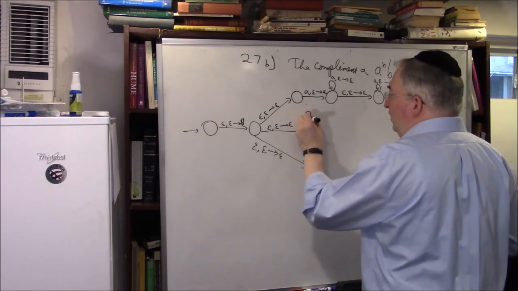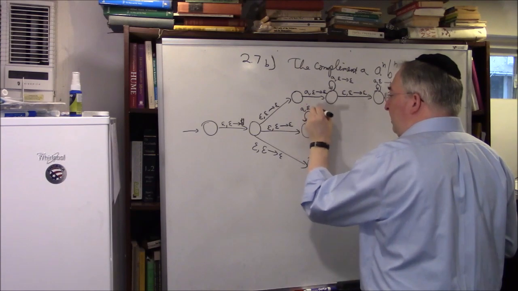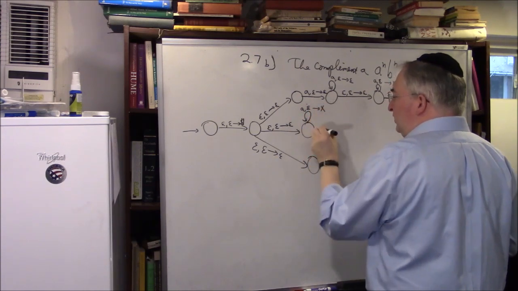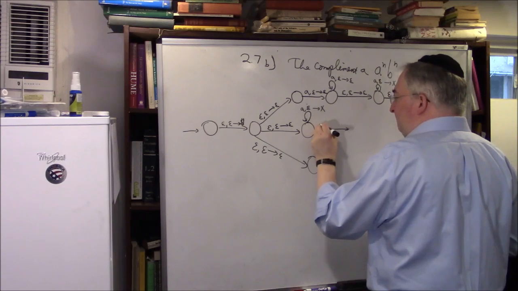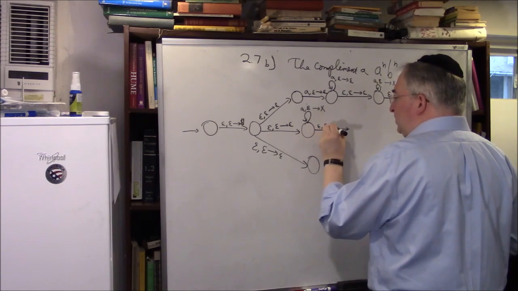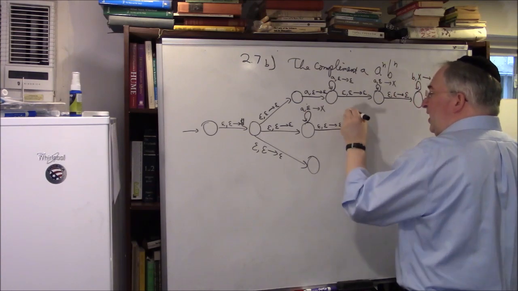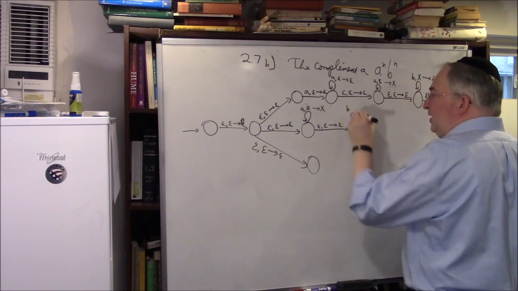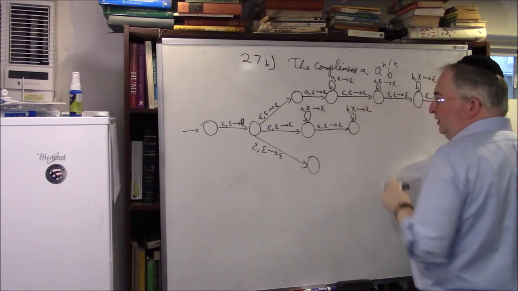So we're here. Every time we see an A, we don't pop anything, but we push on an X. Then you can do an epsilon move. And this says what? Every time I see a B and I pop an X, don't push anything.